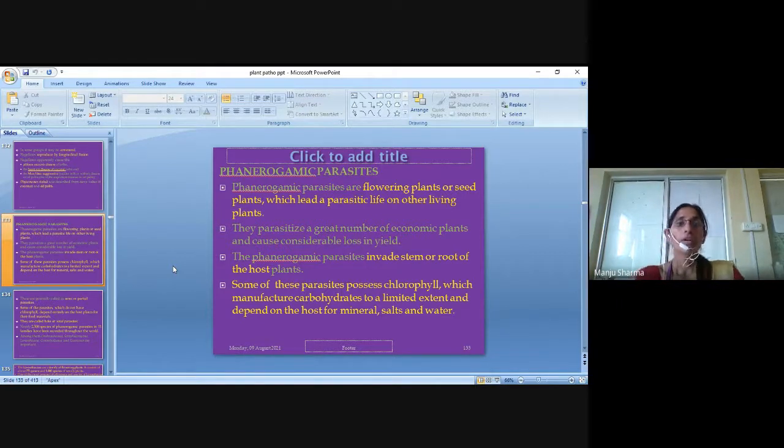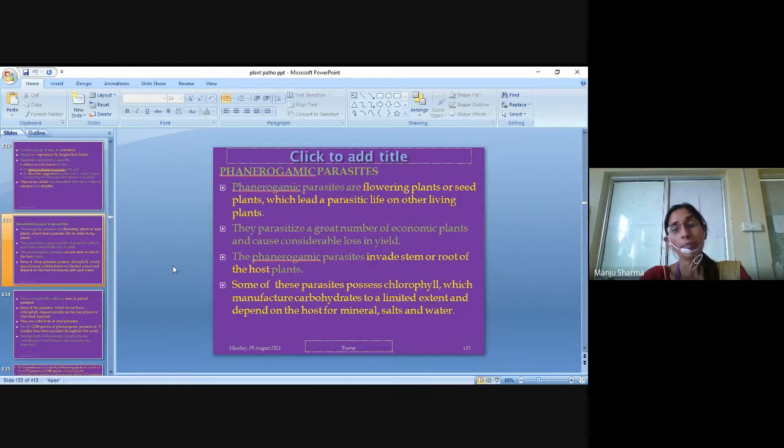So, the phanerogamic parasites. Phanerogamic parasites are flowering plants or seed plants which lead a parasitic life on other living plants. They parasitize a great number of economic plants and cause considerable loss in yield.